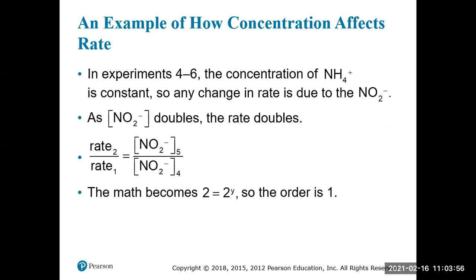We would do that same kind of evaluation like we did for the ammonium, and we would see once again that the rate order for the NO2 minus is 1 as well. So in this case, each of these reactants has a rate order of 1.